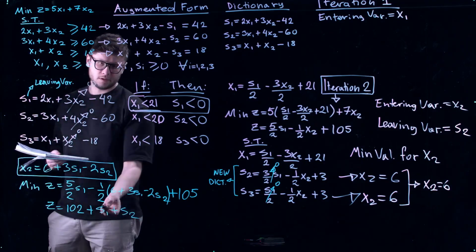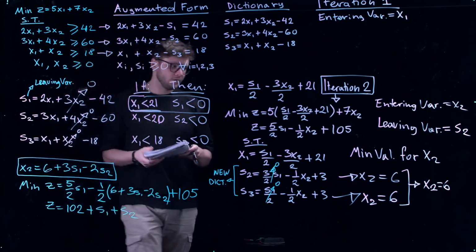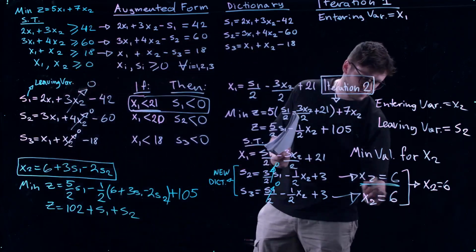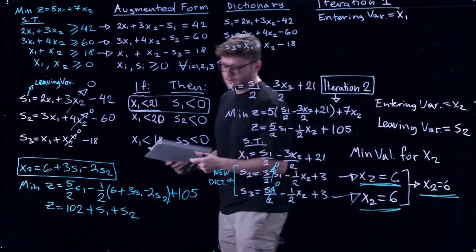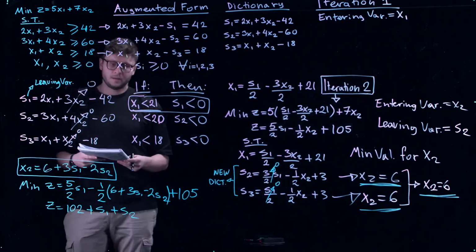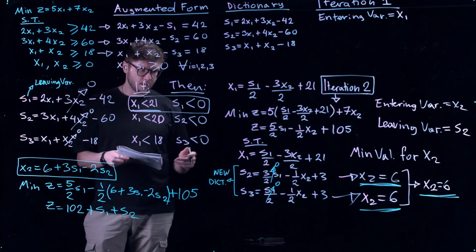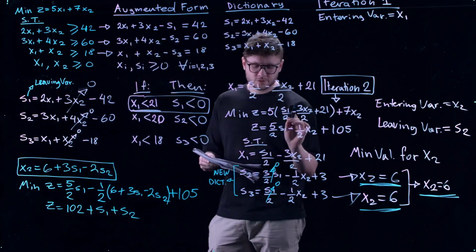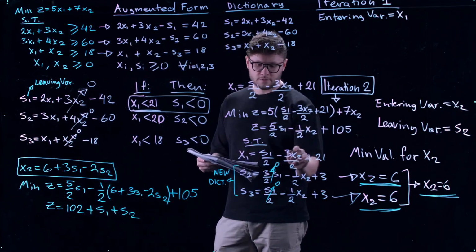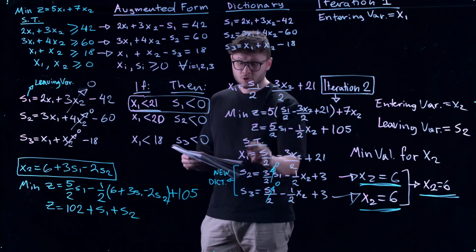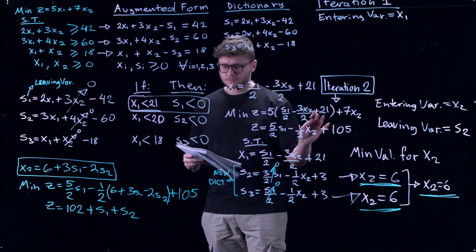As we can see, all of the variable coefficients are positive. And so now we know that x2 indeed equals 6. So the last thing left to do is to plug in x2 for the x1 and solve for x1, knowing that our leaving variable s2 is already gone.